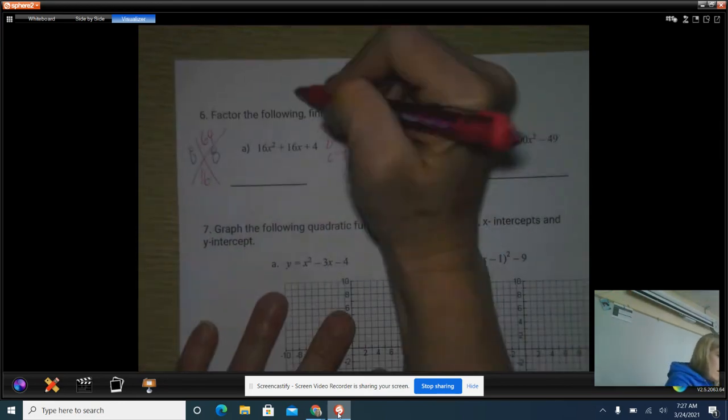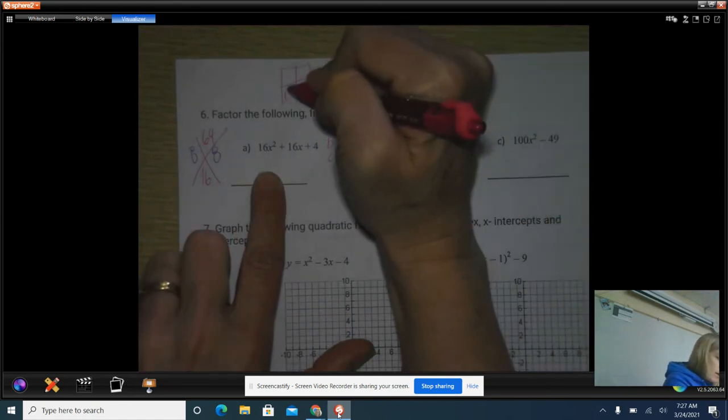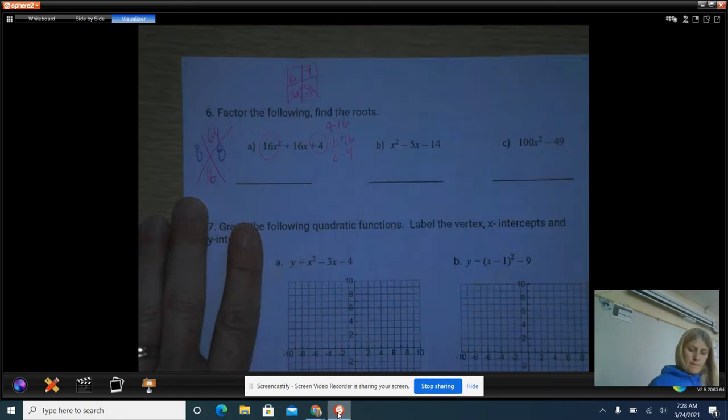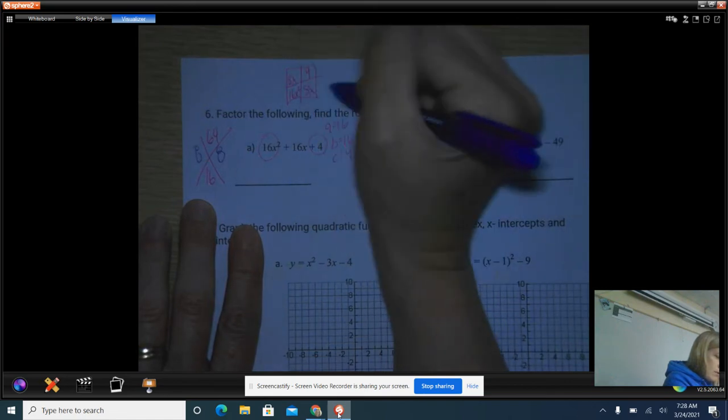Then I'm going to go ahead and make my generic rectangle. My 16x squared goes in the bottom left from my original equation. My 4 goes in the upper right. And then I'm going to have my 8x in either side. So I'm going to go ahead and pull out either this direction here.